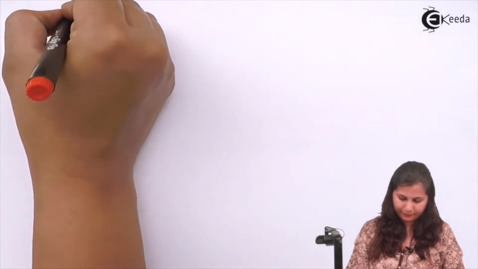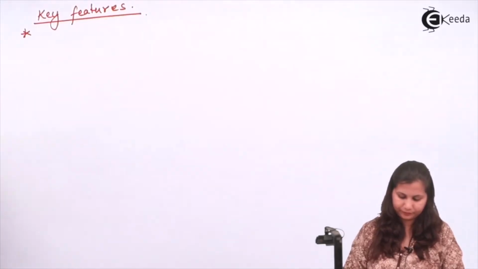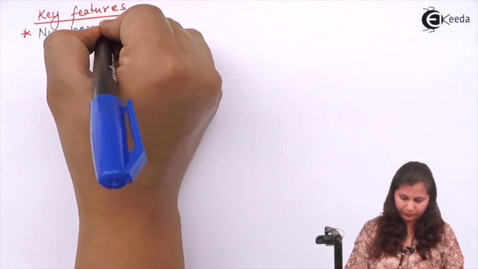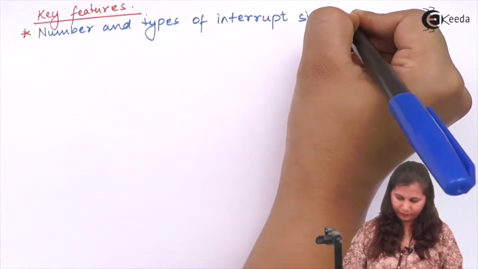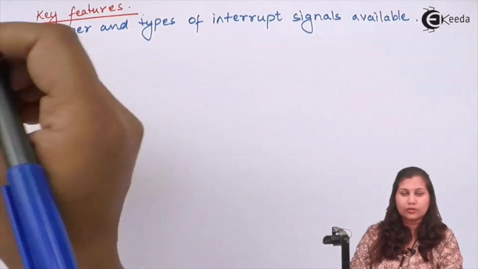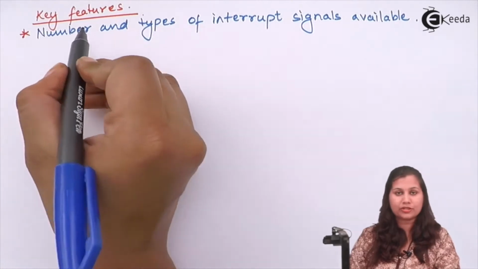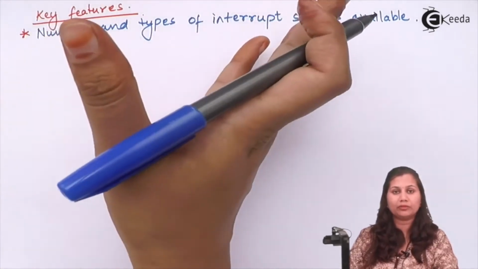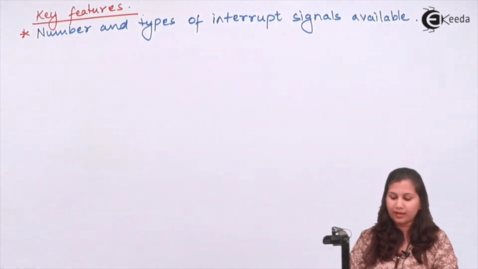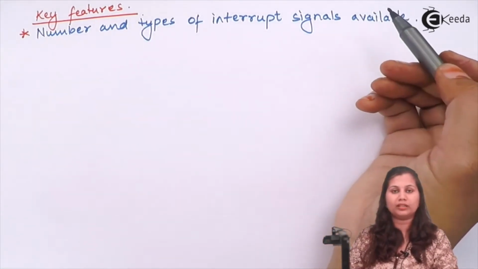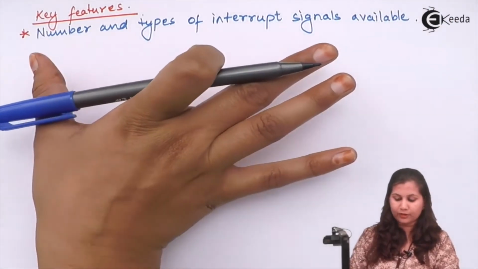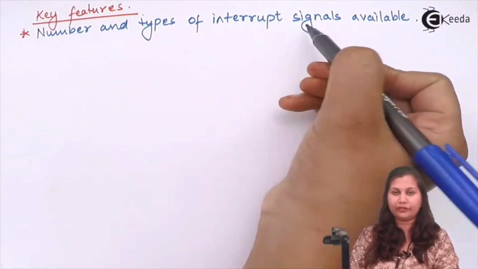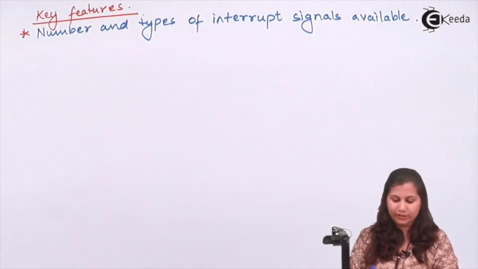The first is that the processor should know how many interrupts are given to it, like 2 or 4, and what the types of interrupt signals are. So the first thing we should know is the number and types of interrupt signals available to the 8085 processor.